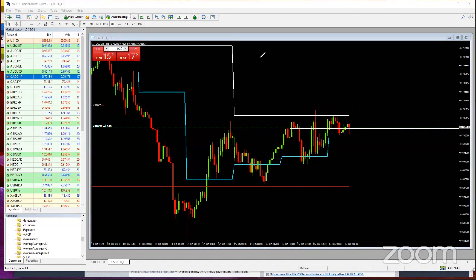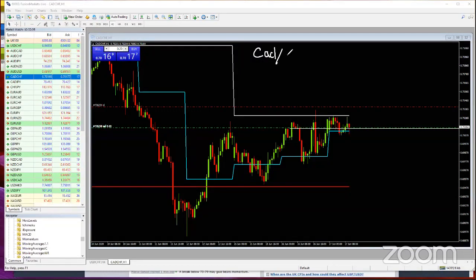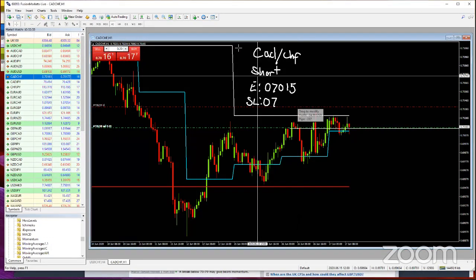So it's CAD Swiss on a short, and the entry is going to be 0.7015 with a stop loss at 0.704.